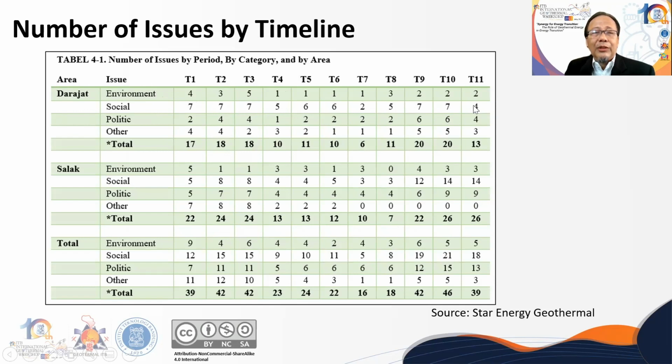In the last one, social and politics are about the same. Meanwhile, in Salak, the social issue dominates the list of issues. For total Darajat and Salak as part of Star Energy geothermal, social is the biggest issue compared to the others.